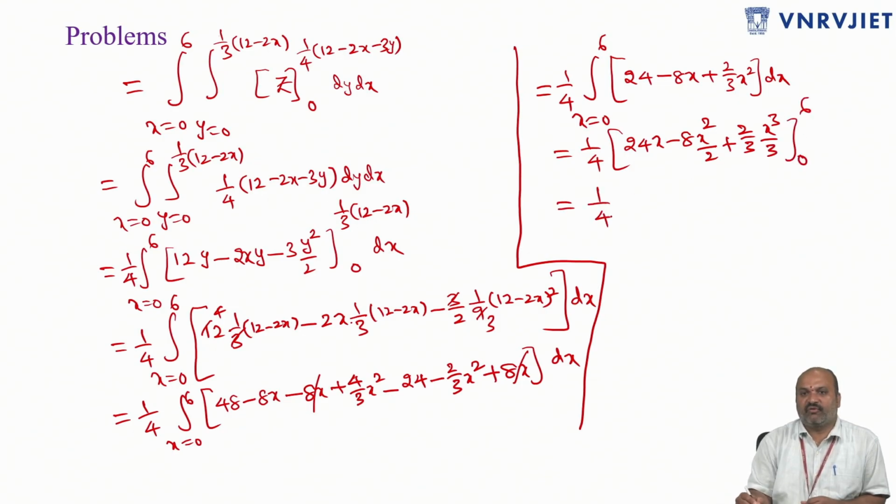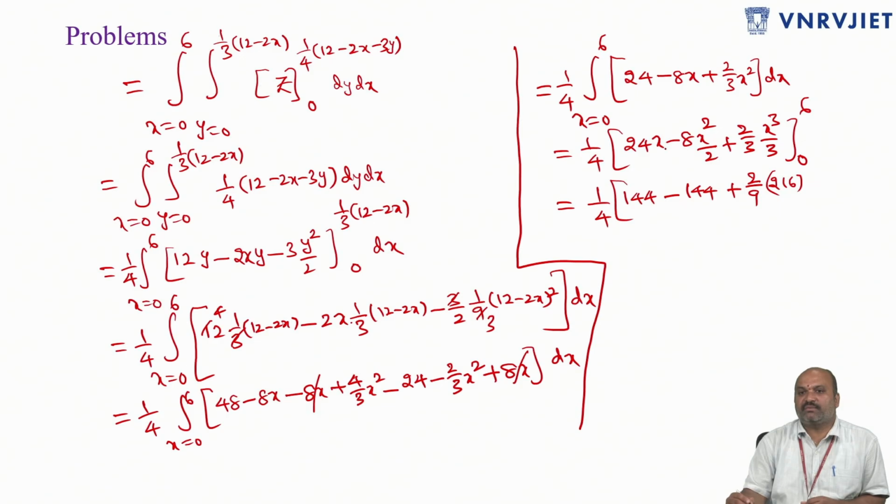This is equals to 1 by 4. Let's substitute, instead of x, 6. 24 into 6 is 144. Minus, instead of x, 6, 6 square is 36, 4 36s is again 144. Next plus 2 by 9, 6 cube. 6 6s are 36, 36 6s are 216.